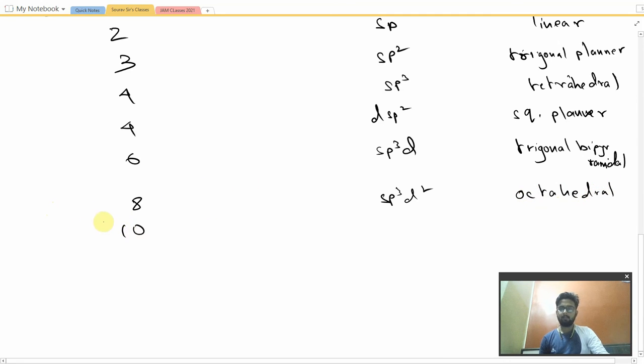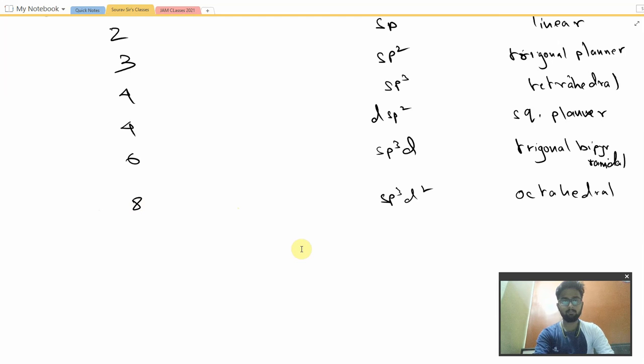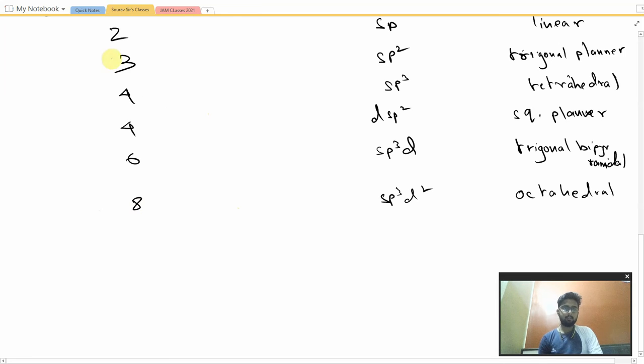Let us not consider 10, because that is not our concern. I'm sorry, these are the coordination numbers. Let me modify it. These values are correct for coordination number, but we are not talking about coordination number; we are talking about the number of valence electrons.